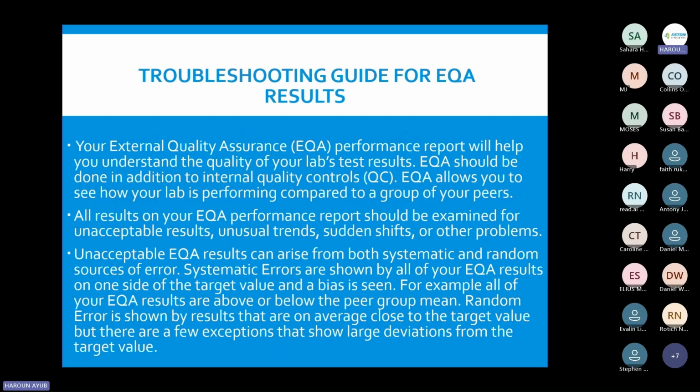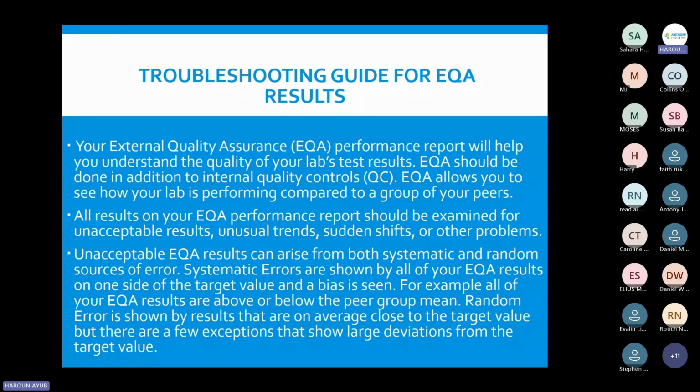We'll start with a brief on what we are targeting and what we aim at getting. This particular guide will focus on, once you get your external quality assurance performance report, helping you understand the quality of the lab test results.